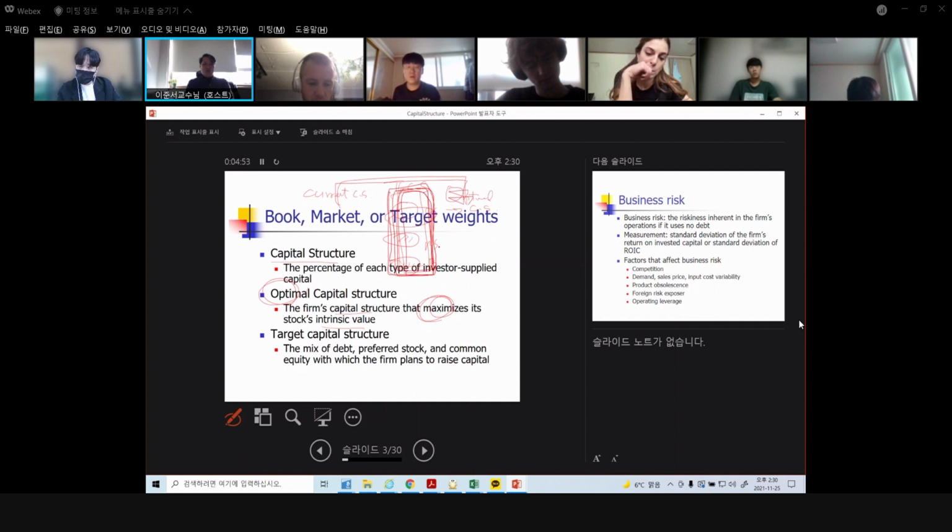When we think about the weight to calculate something, we should use the target weight. Target weight is essential, not the current capital structure weight, not the optimal capital structure weight. Target weight is essential to raise funds.